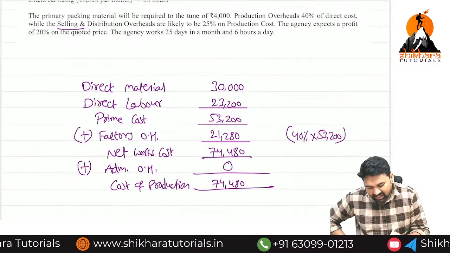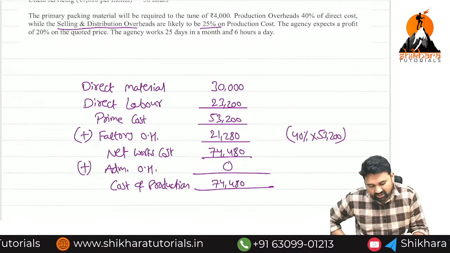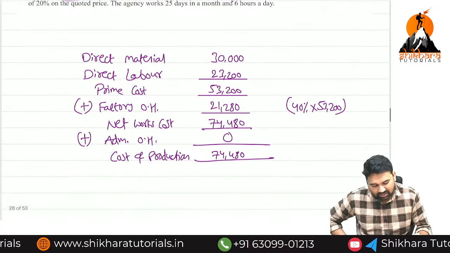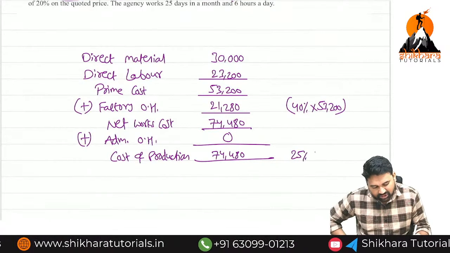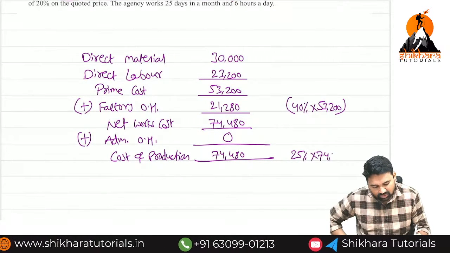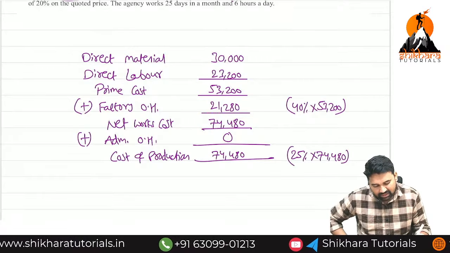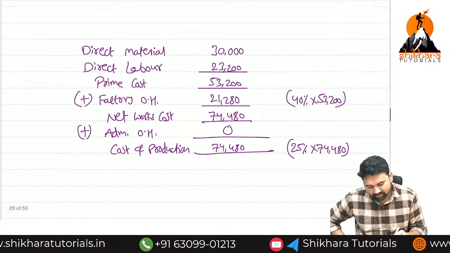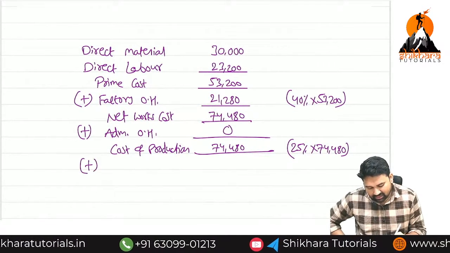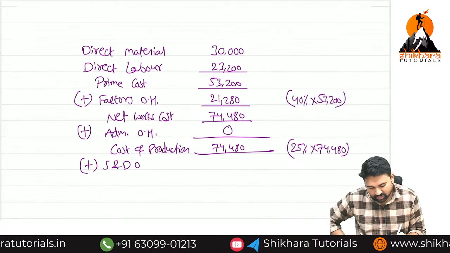And selling and distribution overheads is 25% on the production cost. That means 25% into 74,480. How much is it? So add selling and distribution overheads.